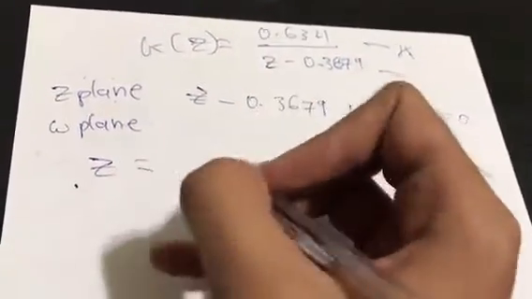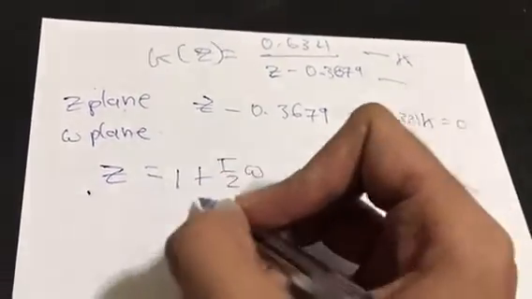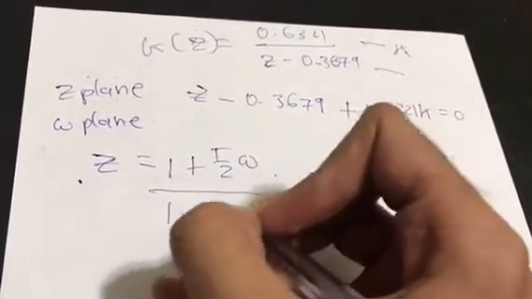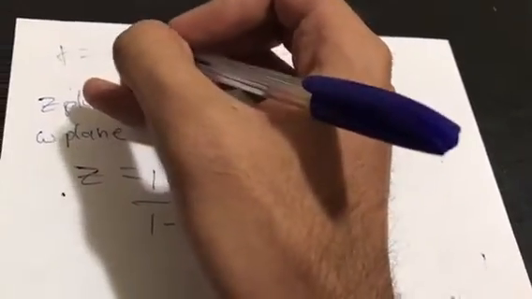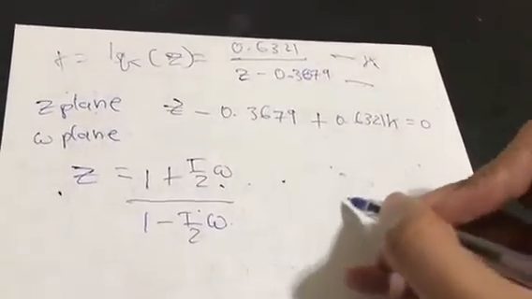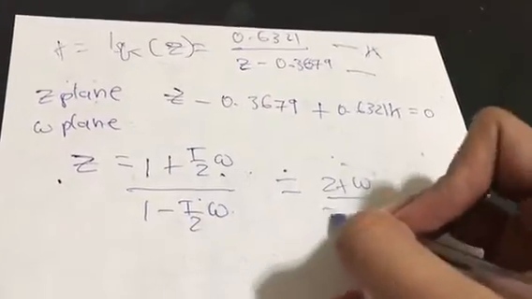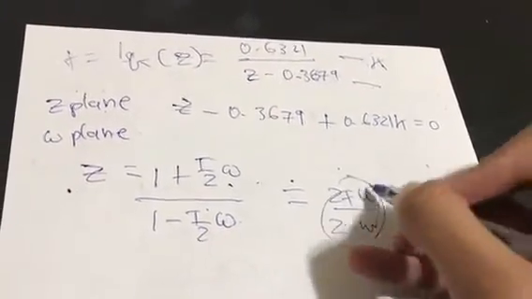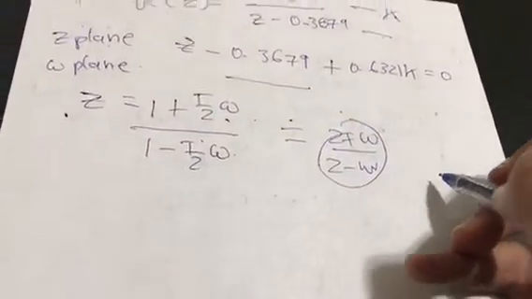The relation is z is equal to (1 plus T by 2 omega) upon (1 minus T by 2 omega). Alright, so you apply this, and for example we take T equal to 1 second. So just apply T equal to 1 second and you get (2 plus omega) upon (2 minus omega). Just substitute this value in the equation of z. So what you get in the end is in terms of omega.